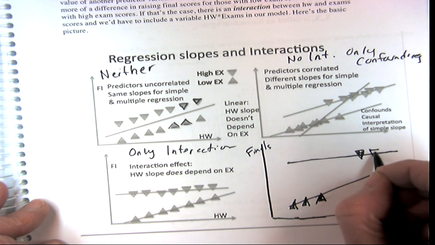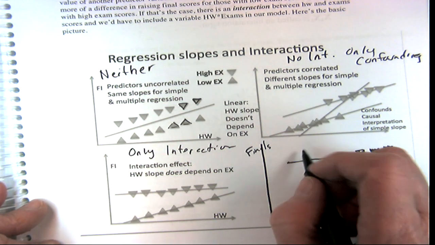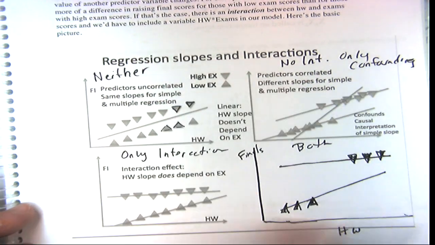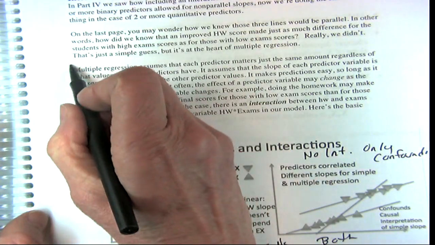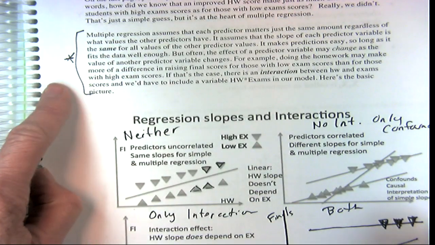This would be both, confounding and interaction. But I know it's a little confusing, so don't worry about it for now, okay? Just read the text here. This is important, and we've talked about that.